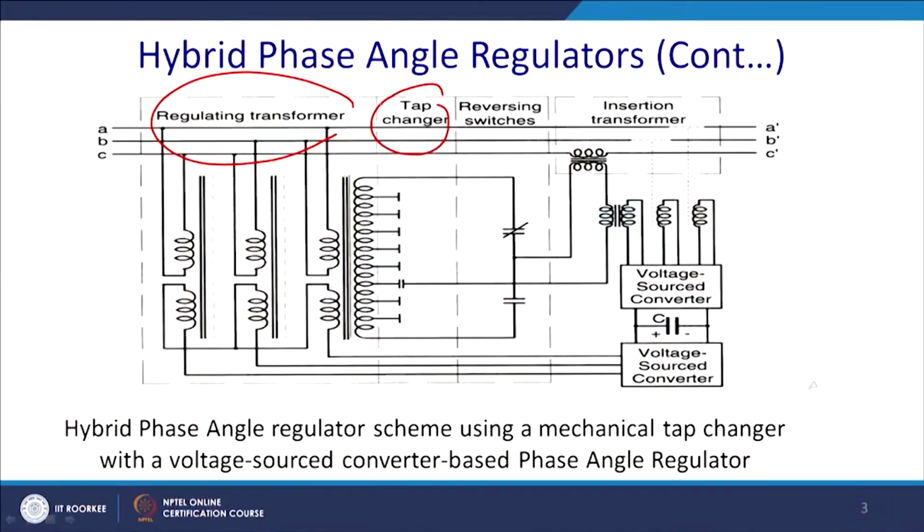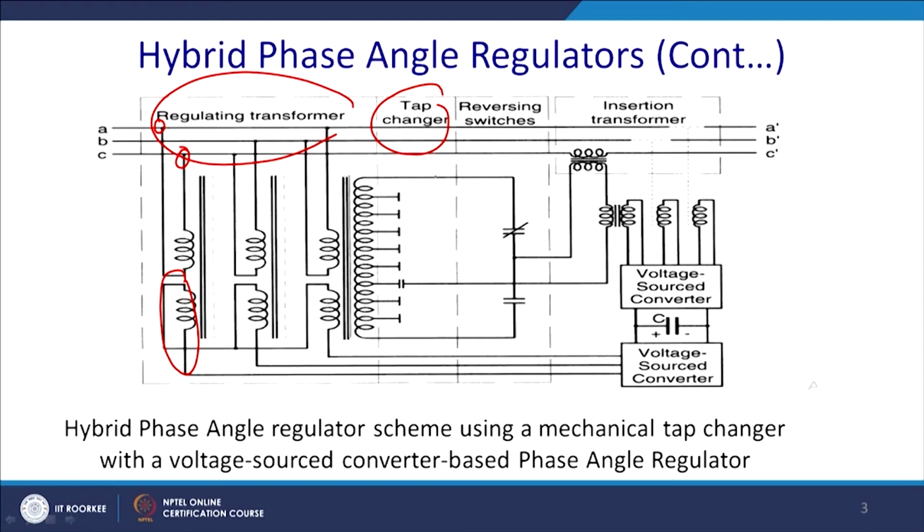So, see that this is the regulating transformer, and these are the tap changers and the reversing switches, and it is an insertion transformer. So, you have different phases. For example, this is ABC, and this is AC, and this will be sensed, and similarly AB, BC, CA, and accordingly these are the taps.